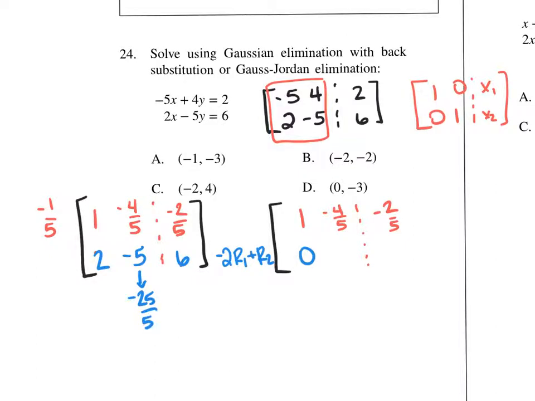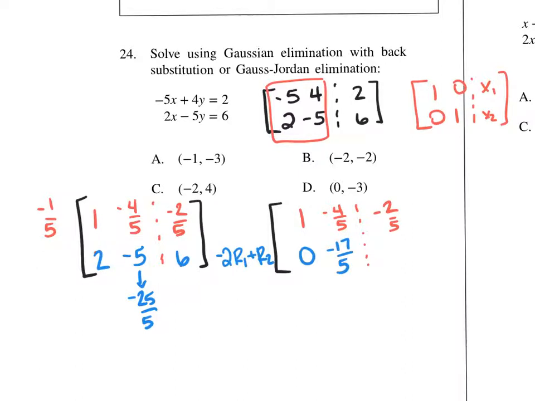And -2 times -4 is +8, so that's 8/5 plus -25/5. That's -25 plus 8, which is equal to -17/5, I'm sorry.